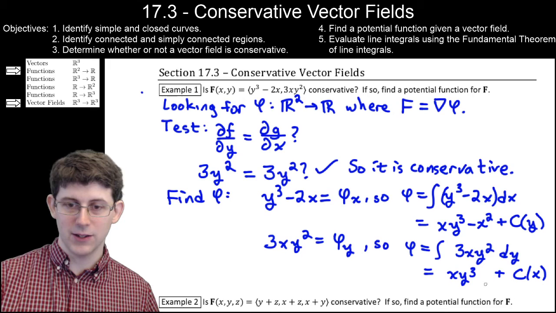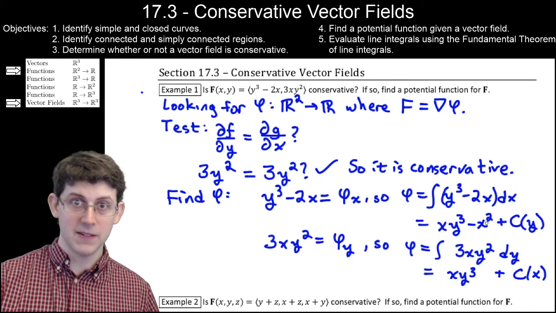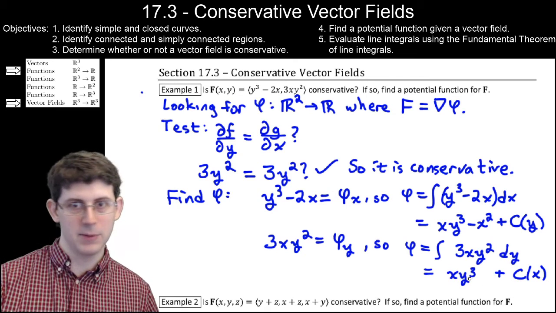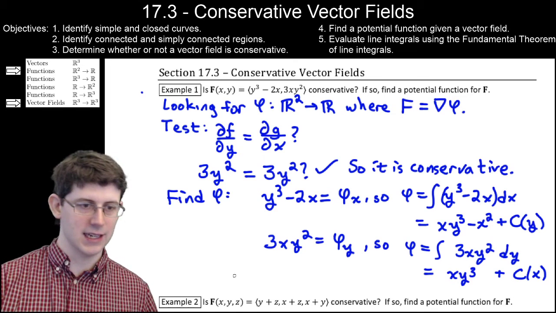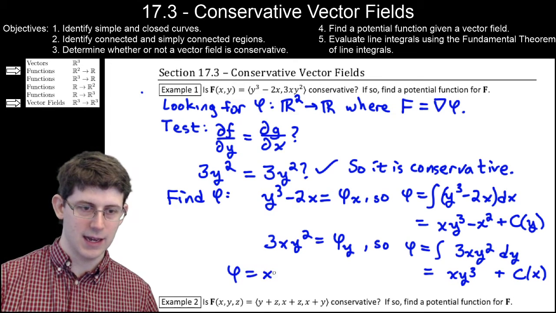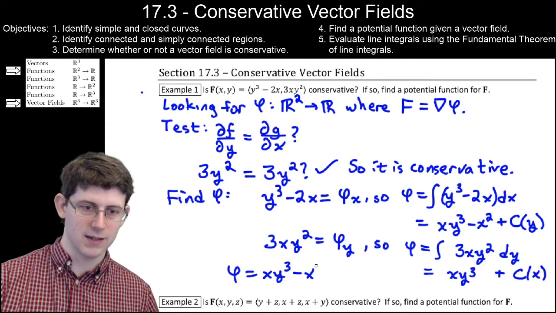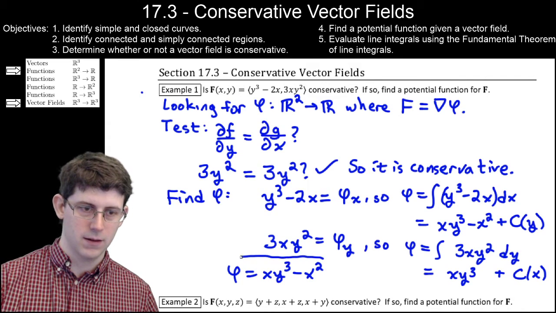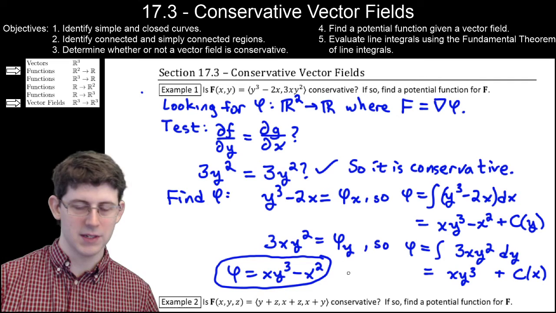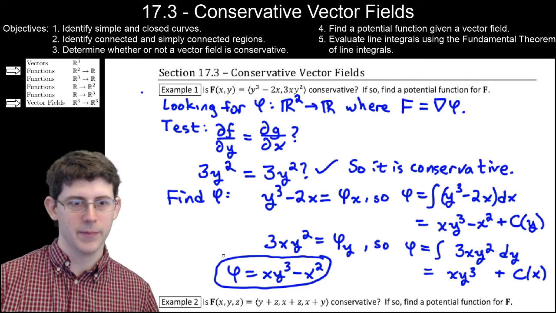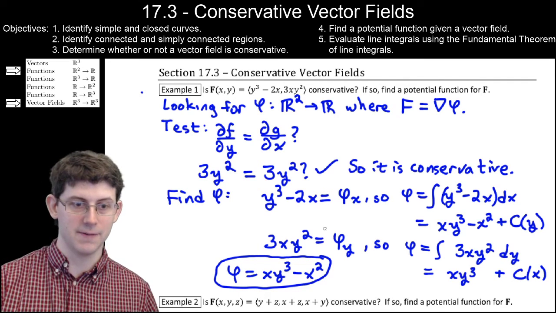So it doesn't look like we will have to have a piece that's just y's, but we will have a piece that's just x's, this minus x squared. Combine these together, and phi is xy cubed minus x squared. Technically plus c, where c is any number, but this would be a potential function for f.